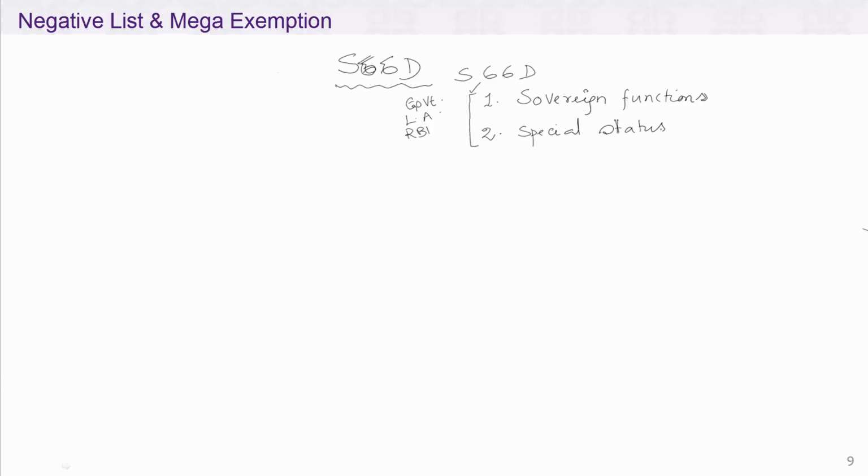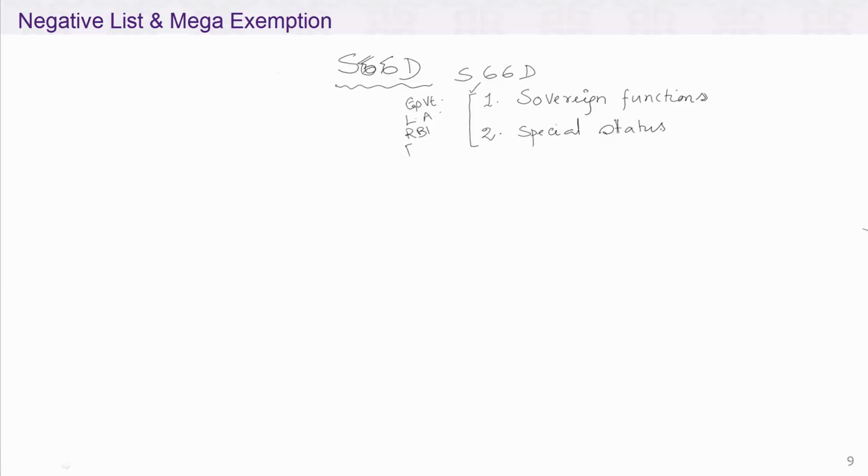Though it's a very important organ of central government, it has its independent status. So you can't call it government. So we are putting this under negative list under a separate heading, not mixed up with the government.